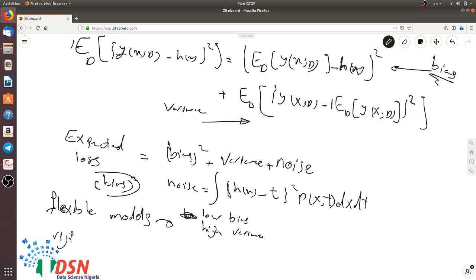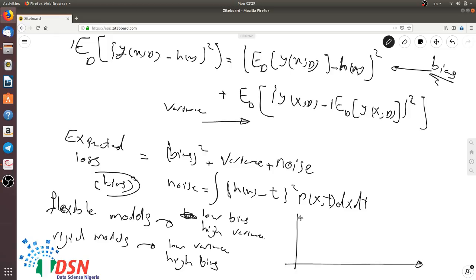On the other hand, in rigid models or very simple models, we have low variance but high bias. In other words, if you plot the test error, it is something like this, and let's call this axis lambda.